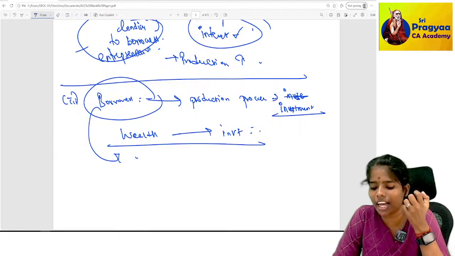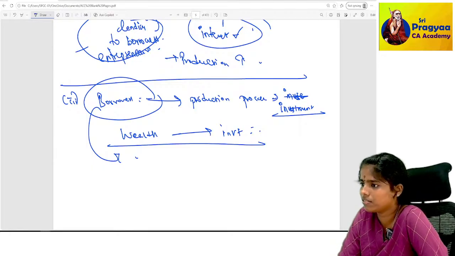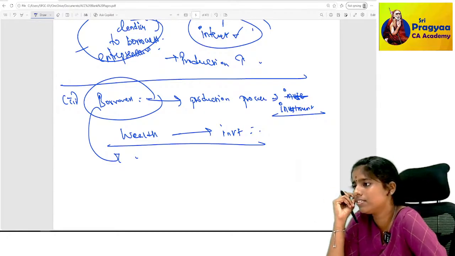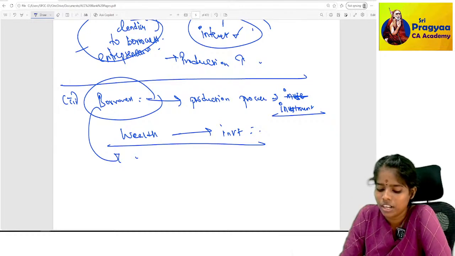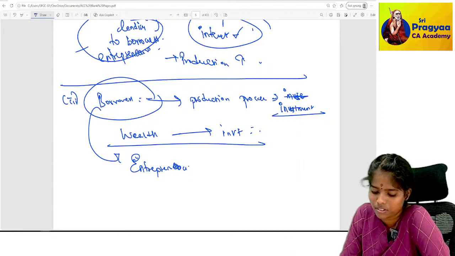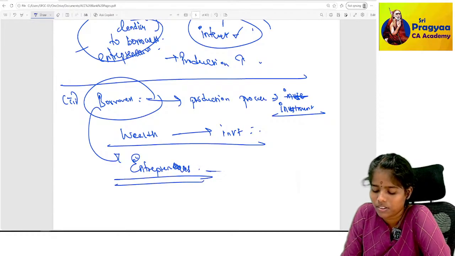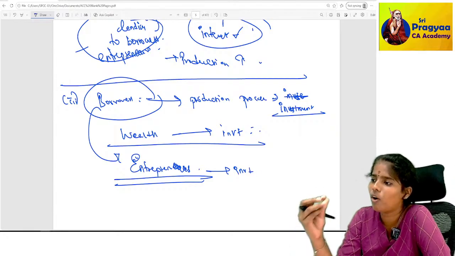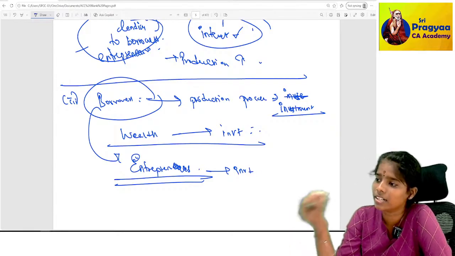Who will do this investment? Everybody who gets money will do investment. Business people, so entrepreneurs, are the people who take this initiative to invest money and earn money from that.